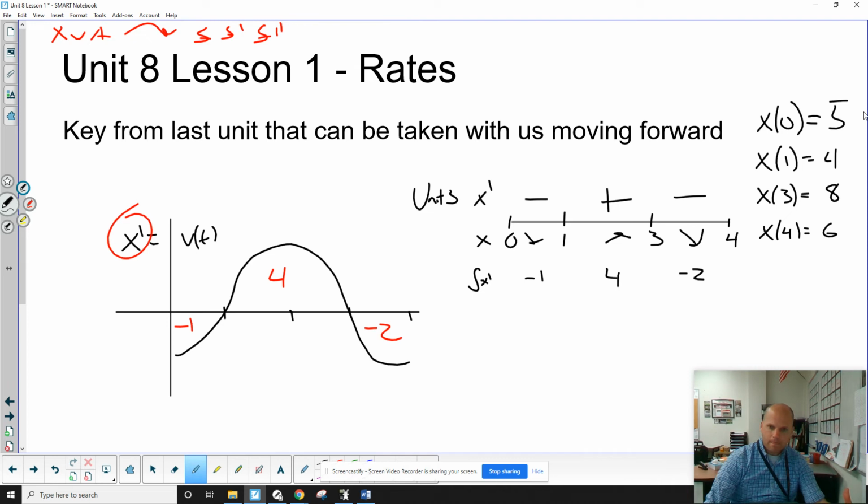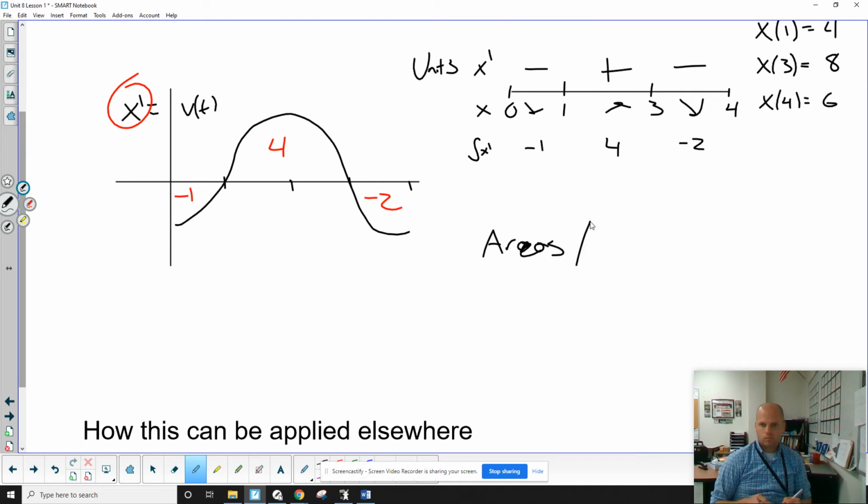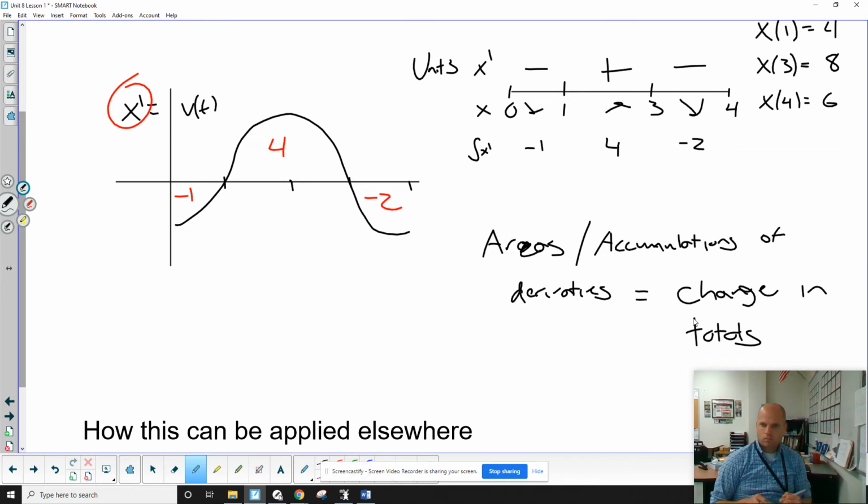So areas or accumulations of derivatives equals change in totals, how much my total x is changing.